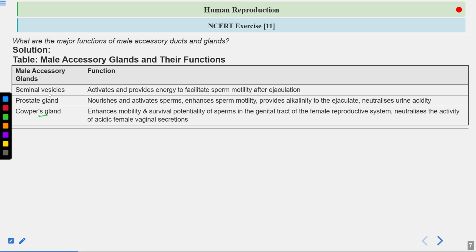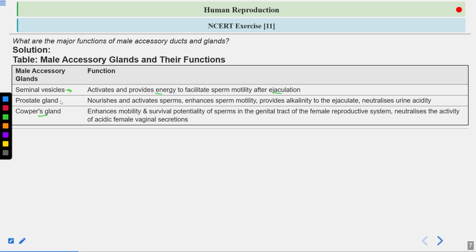This seminal vesicle activates and provides energy to facilitate sperm motility after ejaculation. So in short, you can say the secretion of the seminal vesicles consists of fructose, which provides nourishment or energy to the sperm.